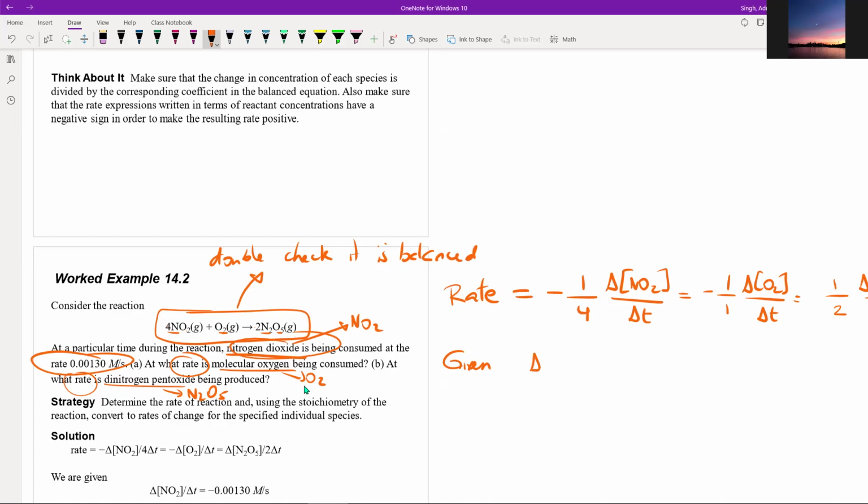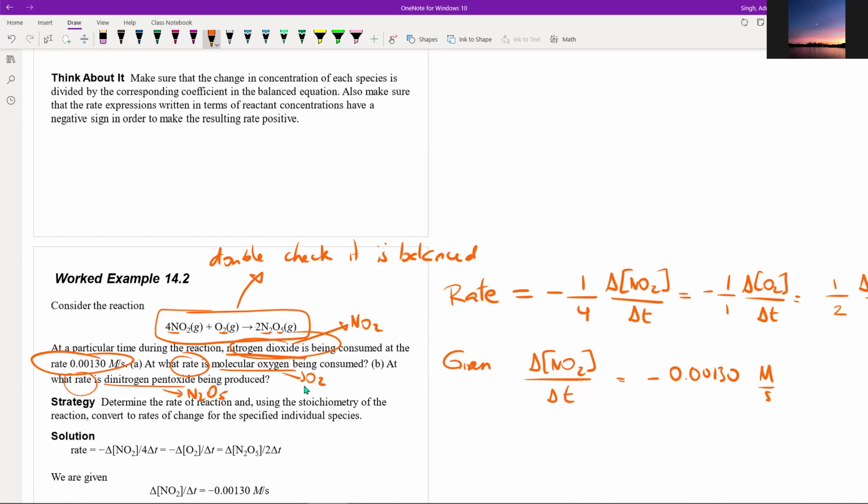So we have the delta NO2 over delta T is 0.00130 molar per second. And because it's being consumed, we have to put our little negative sign in there. Right? That tells us it's being used up.